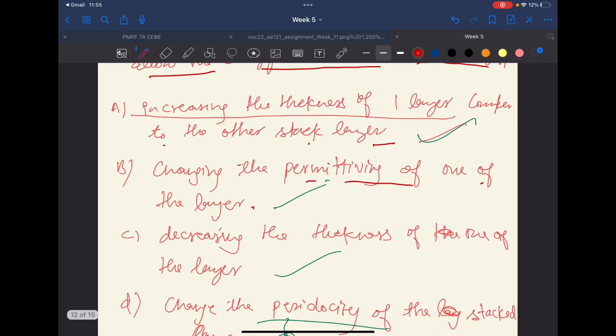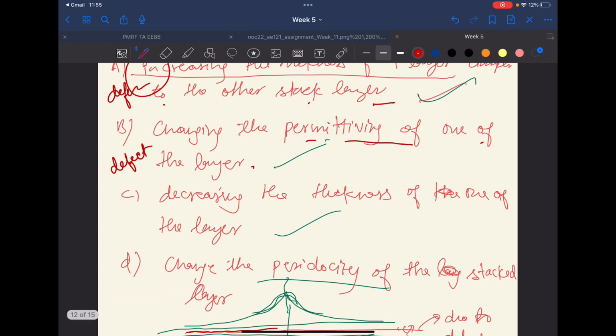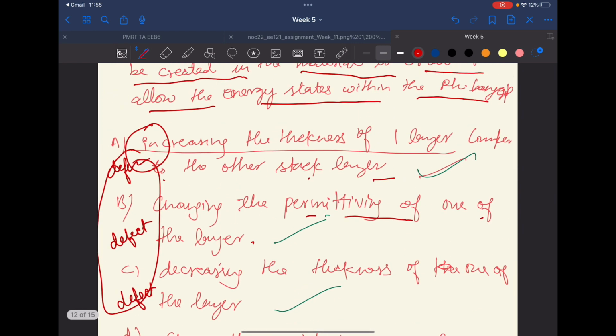So increasing the thickness of one layer relative to the other stack layer can also be a defect, and changing the permittivity of one of the layers is also called a defect, and decreasing the thickness of one of the layers is also called a defect. So all these three ways create a defect, but change in periodicity is a different thing. A defect cannot be created by changing the periodicity. Okay, so due to this reason these three answers are correct.